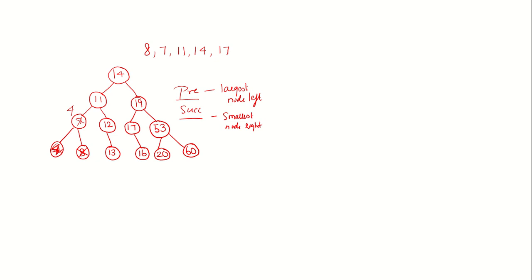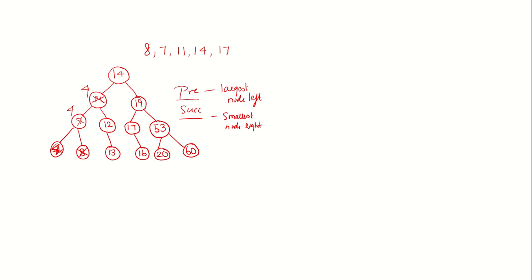Here, if you take the left subtree, the largest node is the only node in the left subtree, since the others are deleted. So definitely if you want to delete 11, you can replace it with 4. There are two possible solutions for this. Either you replace 11 with 4, or you take the successor, the smallest node in the right subtree, which is 12.